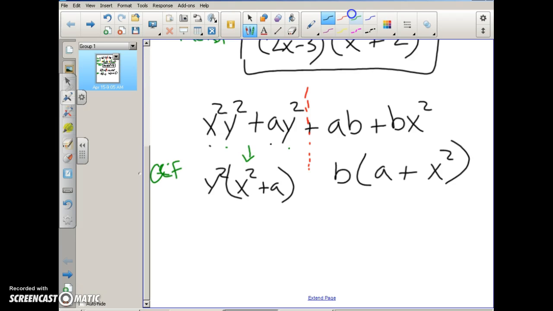If you look at it, the greatest common factors you pulled out were y squared and b. What was left was x squared plus a in one, and then a plus x squared in the other. They are actually the same, and you are allowed to rearrange them. They are the same, so this will continue and this will work.